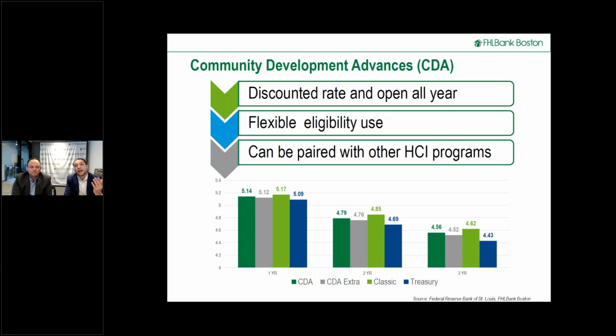At 3 years, you're saving 10 basis points between our classic rate and our CDA extra rate. You can extrapolate that: 10 basis points on millions of dollars over 3 years is a pretty material impact to your bottom line, especially when I'm sure there are projects out there that could leverage these rates, but instead our members are leveraging our classic advance rates.